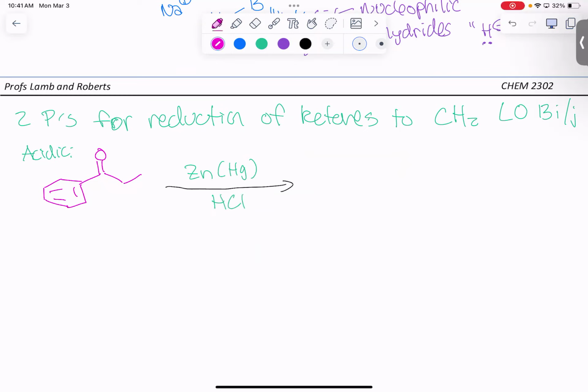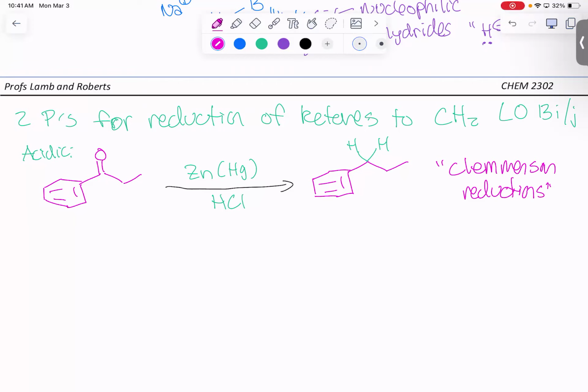And we reduced off that ketone to a CH2 group, a methylene. We call these Clemmensen reductions. Doesn't matter how you made that ketone. You can always reduce that ketone using these conditions. It doesn't have to be through electrophilic aromatic substitution chemistry.